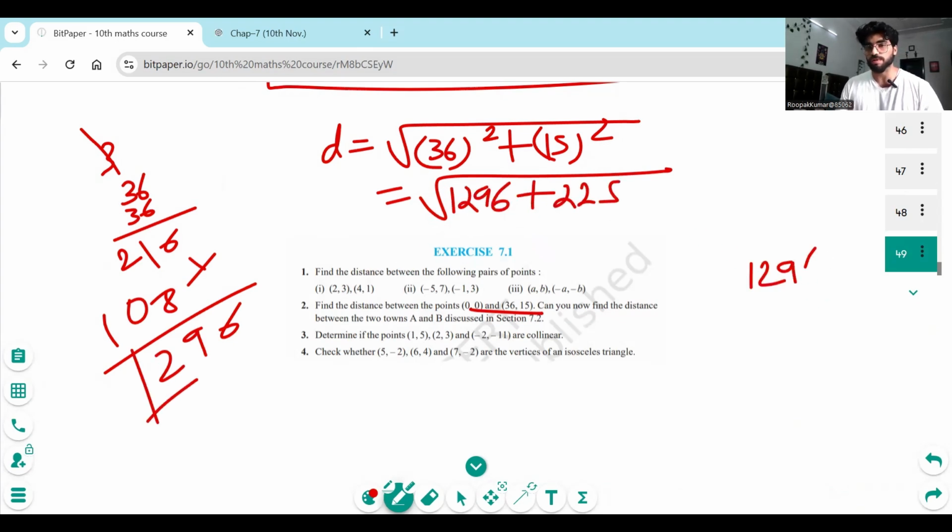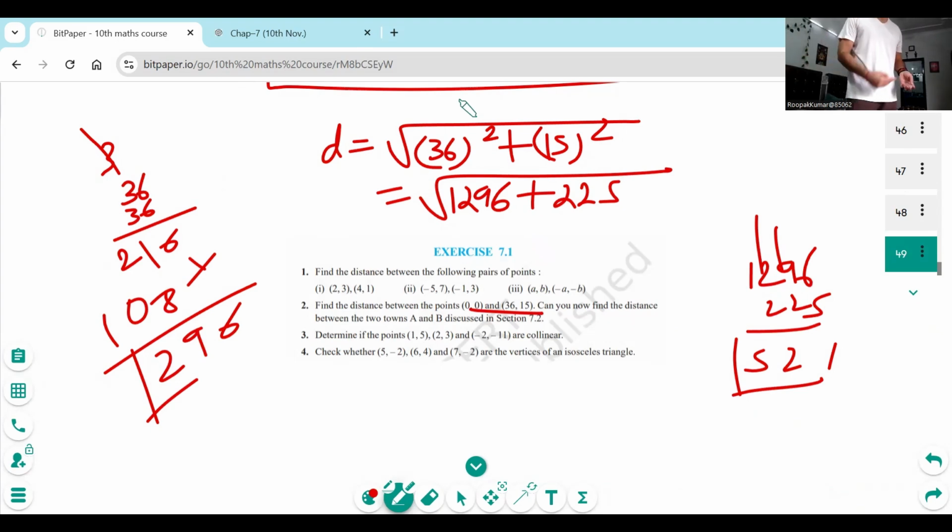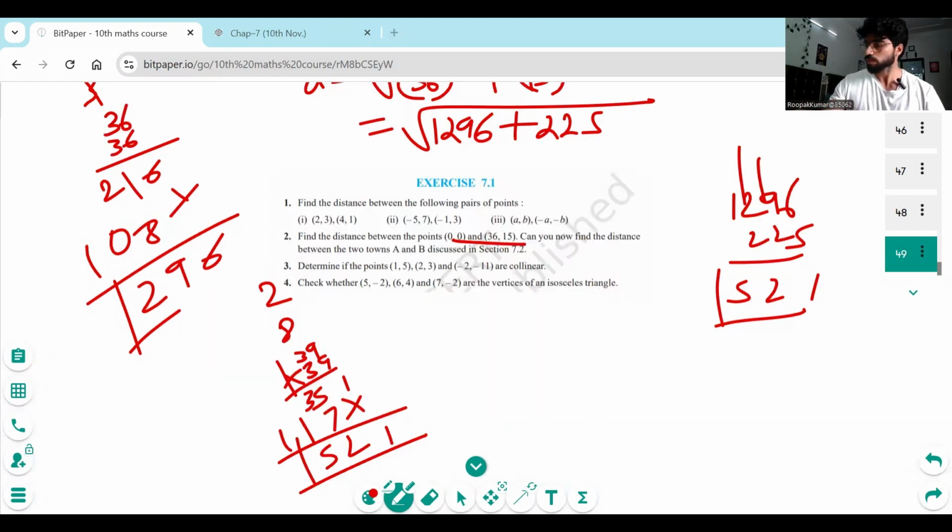So you do 1296 plus 225, we get 1521, right? So we got 1521 and 1521 is the square of 39. So 39 is the distance from origin to this point.